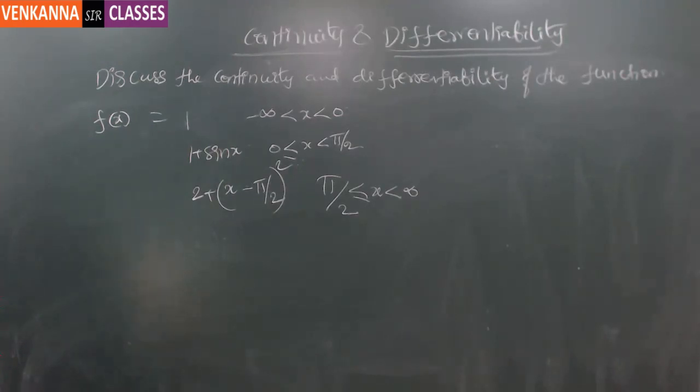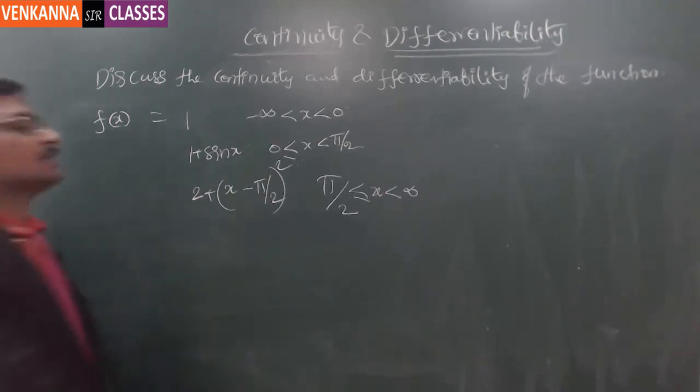So continuous at both the cases. Okay, what about differentiability? Non-differentiable at x equal to 0. I hope everybody got it. What about x equal to pi by 2? Differentiable at x equal to pi by 2.